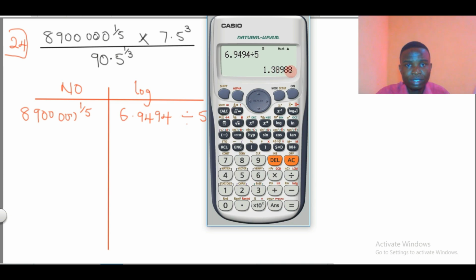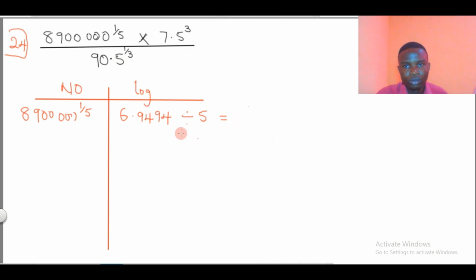I'll approximate this 8 and put 9 there. So this will be 1.3899. So 1.3899 is the log value of 8,900,000 raised to the power of 1 over 5.